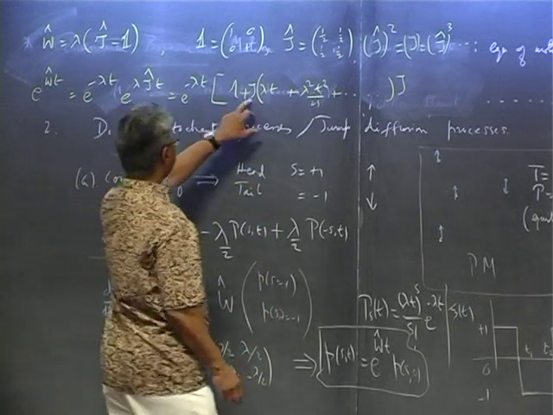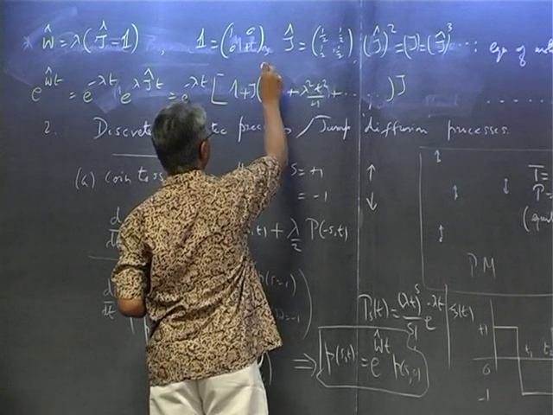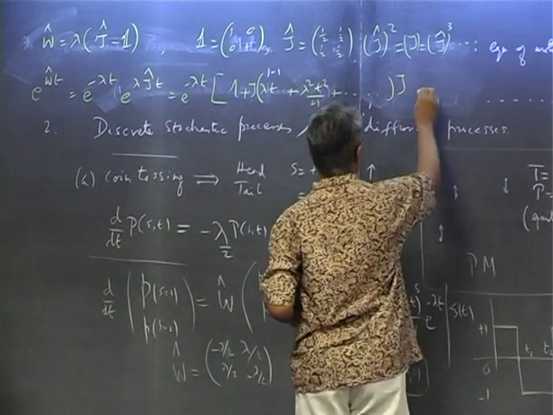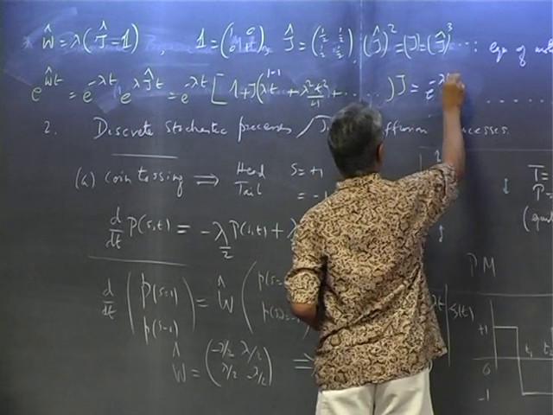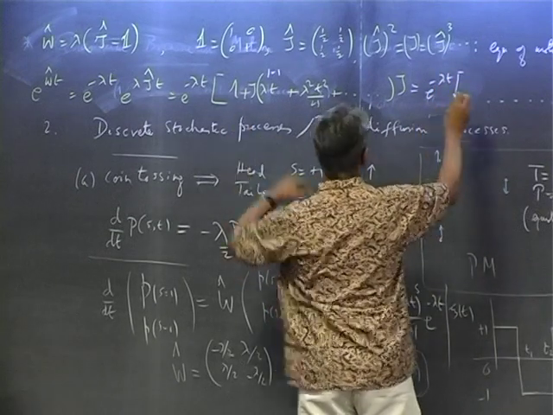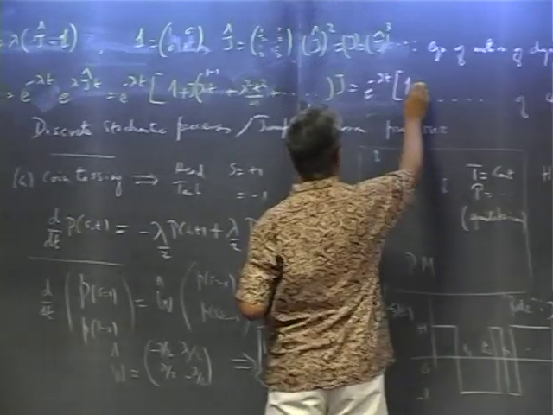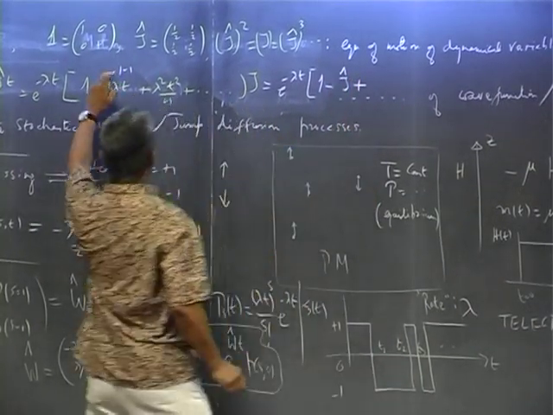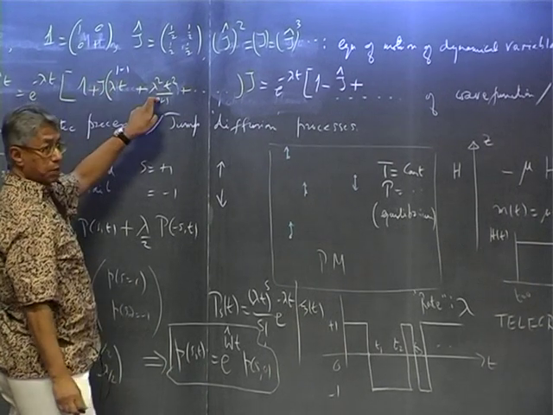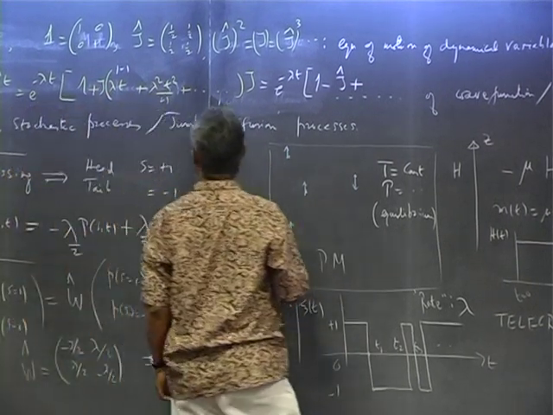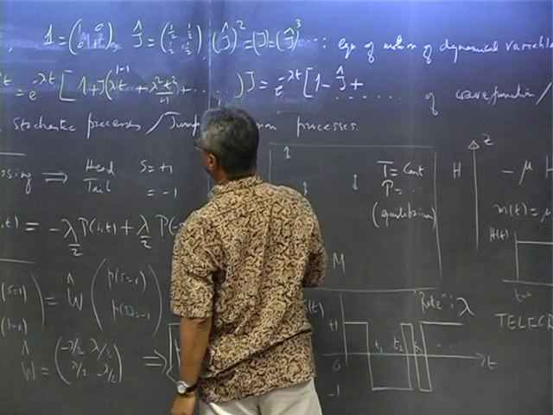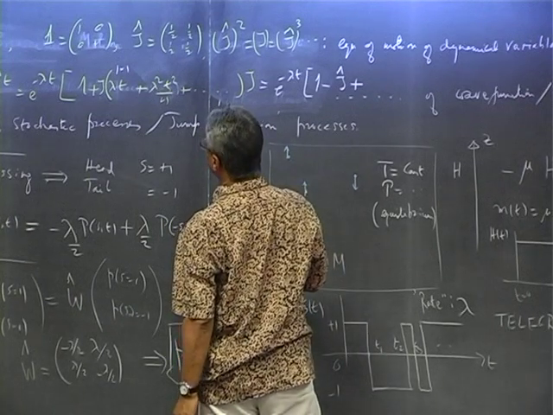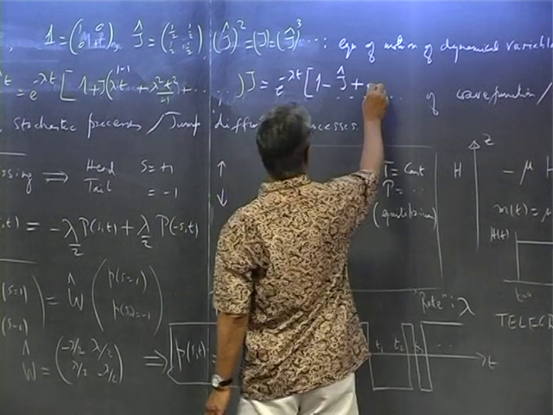And now the trick is to add 1 and subtract 1. So therefore, the net result is e to the minus lambda t times 1 minus T plus the rest of the series, which is 1 plus lambda t plus lambda square t square, etc. So that's e to the lambda t again.